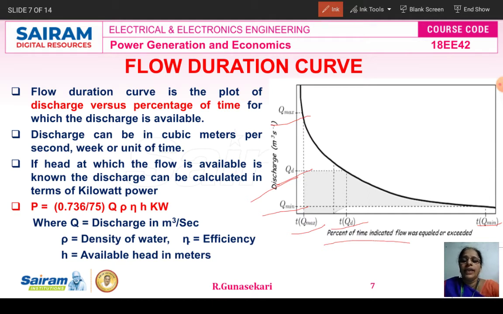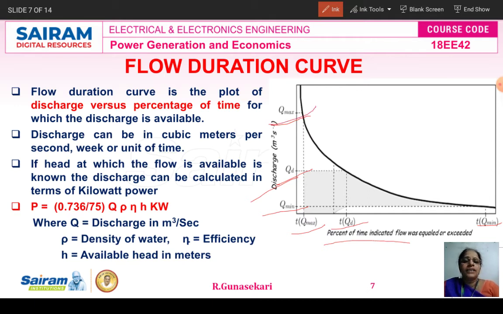So how can we calculate the power with the help of the flow duration curve? P is equal to 0.736 divided by 75 into Q rho eta h kilowatt, where Q is the discharge in meter cube per second, rho is the density of water, eta is the efficiency, and the small h represents the available head in meters.